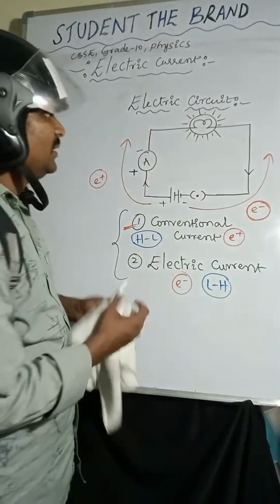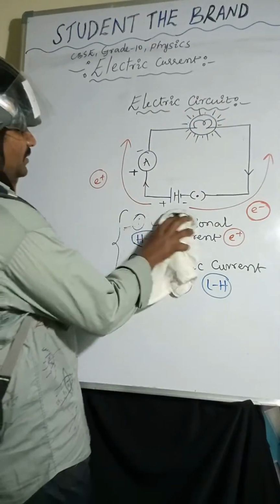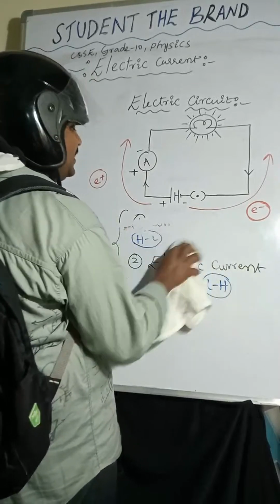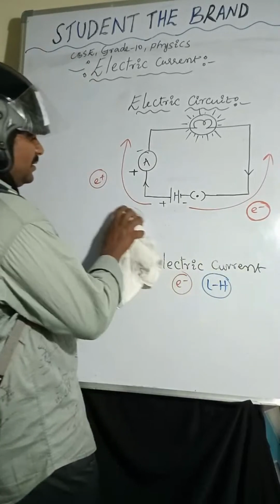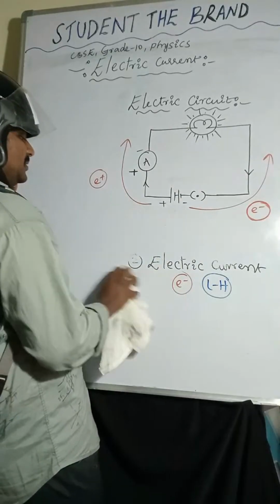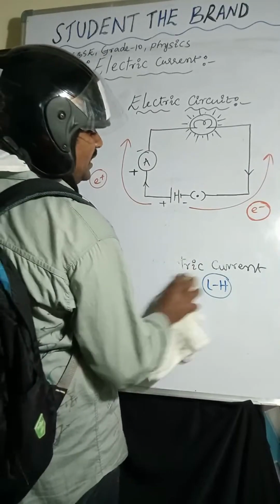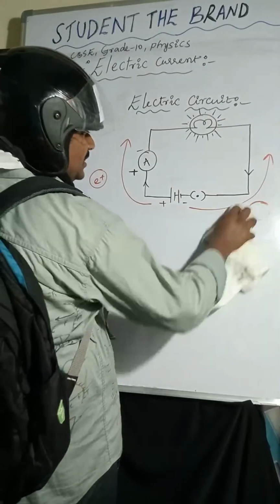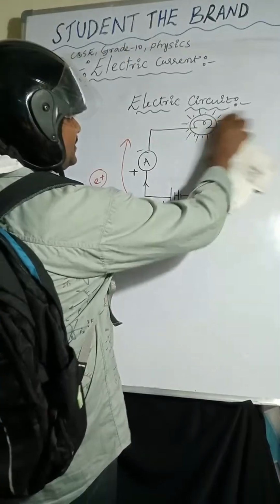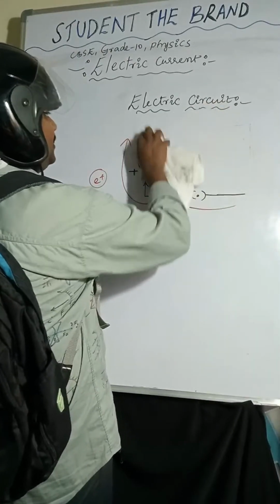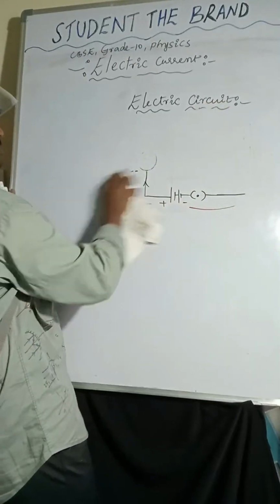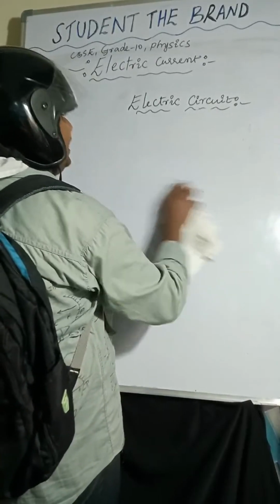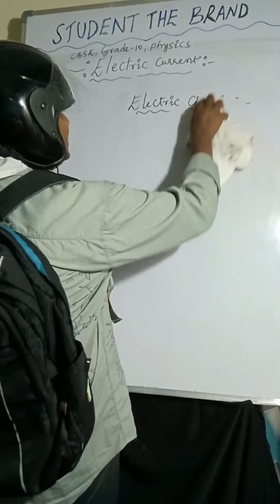Next we'll discuss potential difference. Related to this, they will ask the definitions of conventional current and electric current. Just now I explained: will electrons flow from positive terminal to negative terminal or negative terminal to positive terminal? They will ask that question and the electric circuit definition.